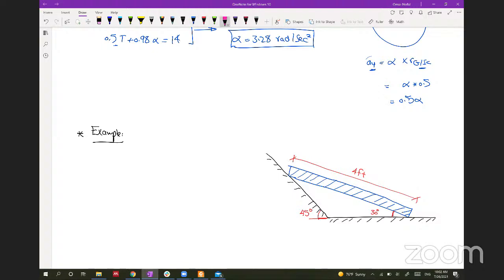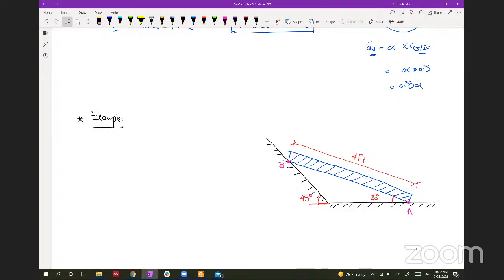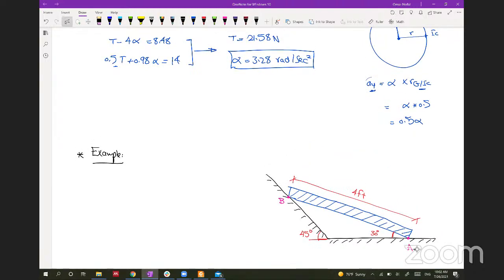Let's assume that this is point A and this is point B, and you are given that the weight of this body is 50 pounds and it slides friction free if the rod is started at rest. Find number A, the alpha of this rod, and number B, the reactions at A and B.